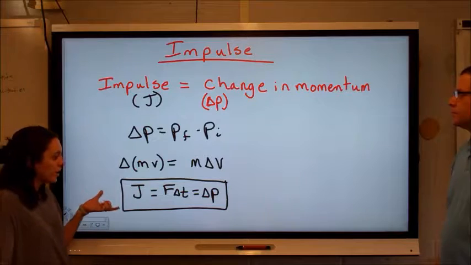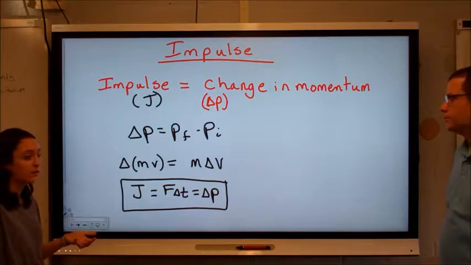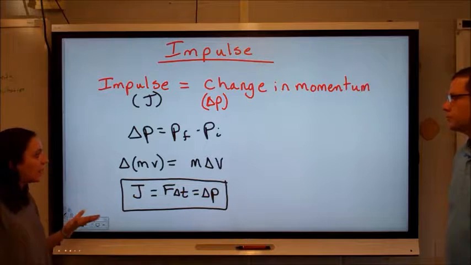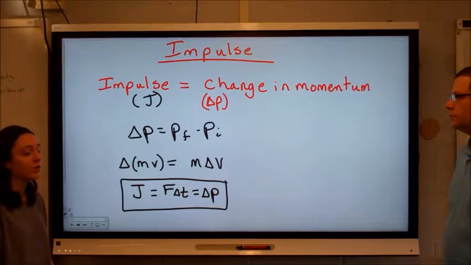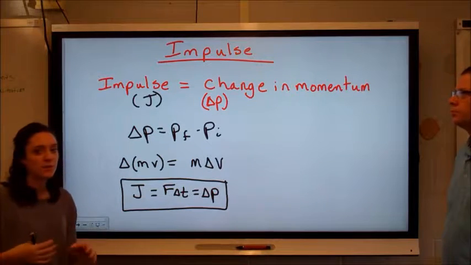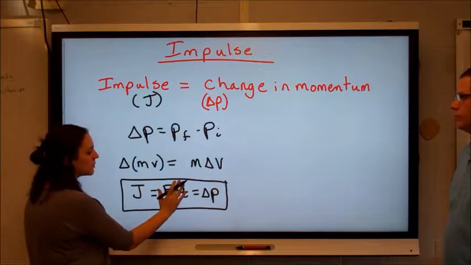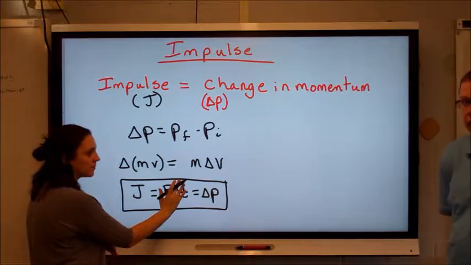So when you go to use this equation, you're only going to use the parts that you need. So if you are reading through a problem and let's say that it's just talking about the car and it has the mass of the car and the initial speed and the final speed of the car and it tells you nothing about force or time, you might not use this middle piece of your equation. And that's okay.